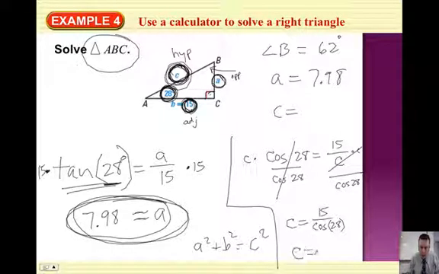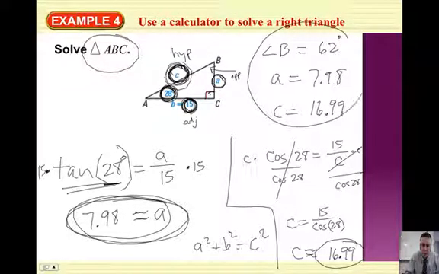Hit enter. C equals approximately, I believe it's 16.99 if we're rounded to 2 decimals. Okay, so C is approximately 16.99. There you go. This is solving a triangle, finding everything that's missing.